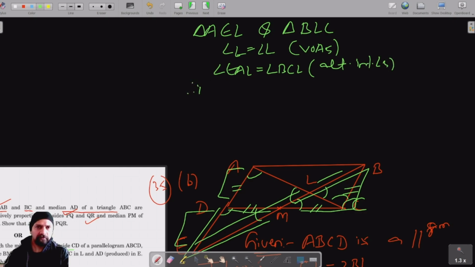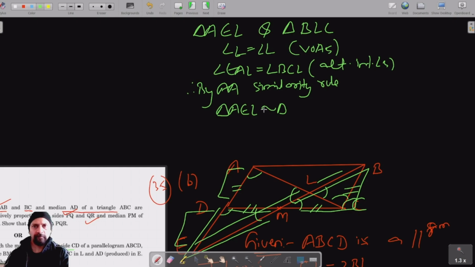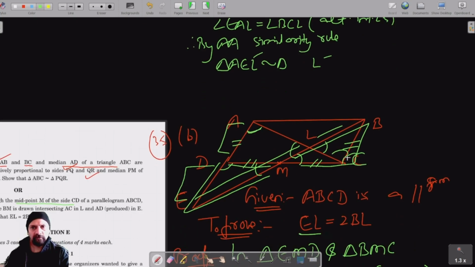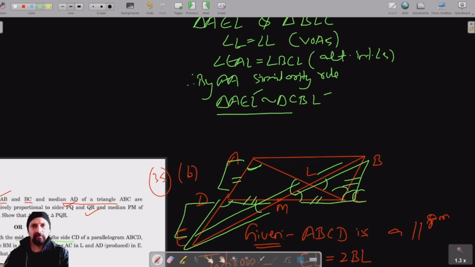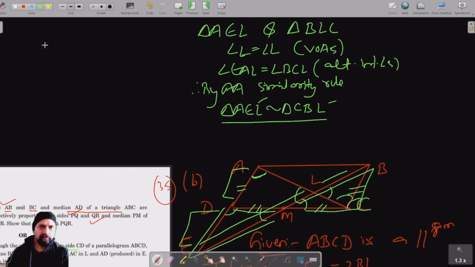So these triangles are similar by the AA similarity rule. Let's write the symbolic form correctly: triangle AEL is similar to triangle CBL, with L equal to L and A equal to C. And once the triangles are similar, the corresponding sides are in proportion.